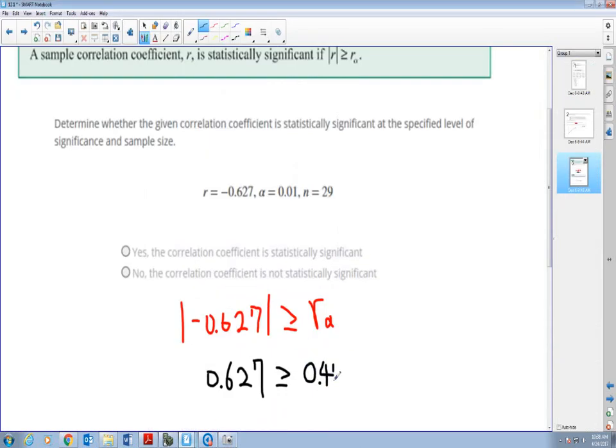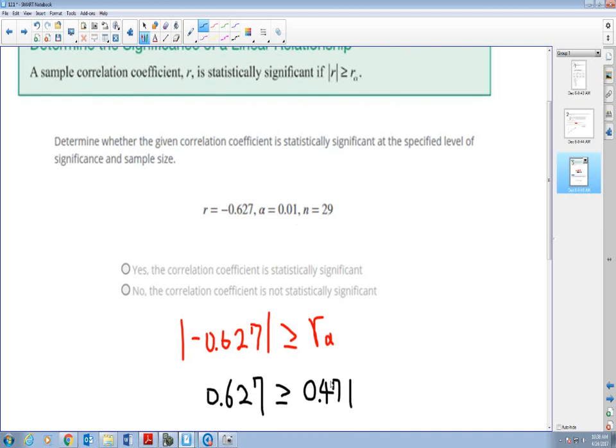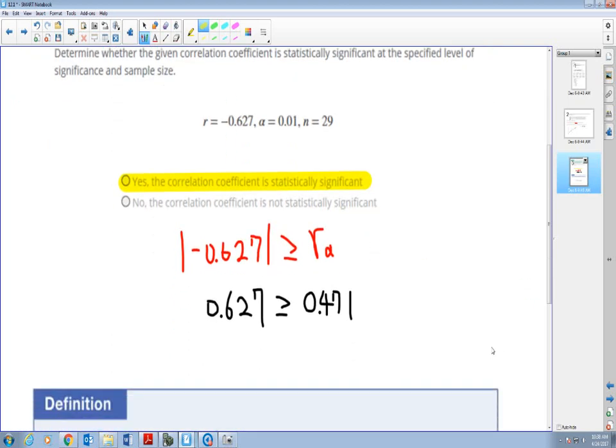So if my sample R is bigger than or equal to the critical value, then we are statistically significant. Even though I don't have a very strong linear relation between the X and Y variable, the data is still statistically significant. That's what this problem is trying to tell us, and that's what the table is there for.